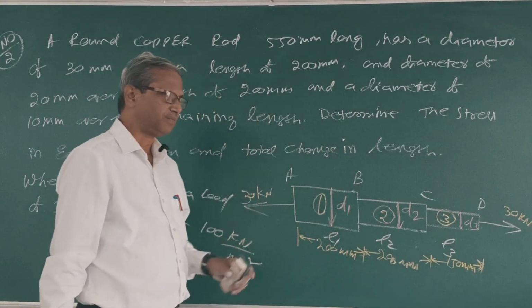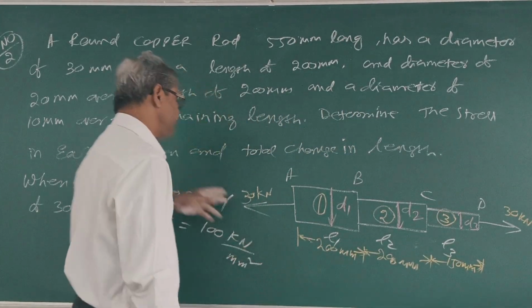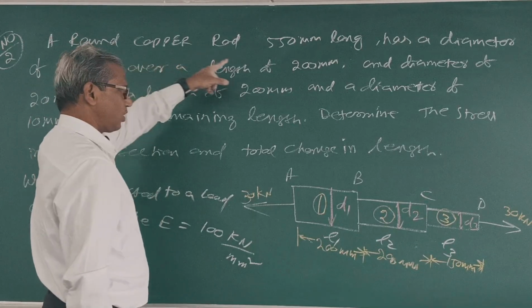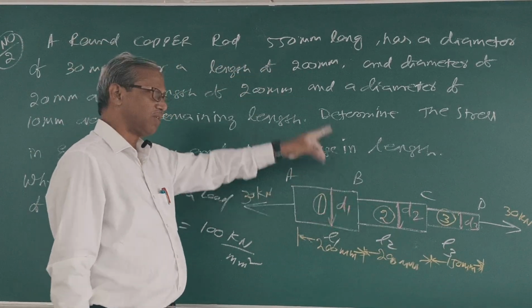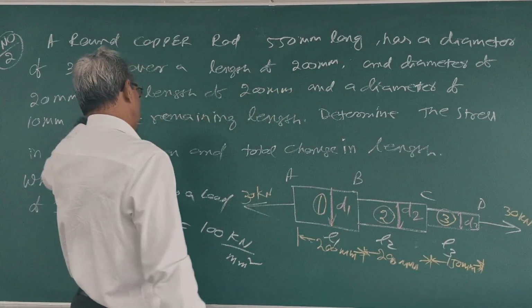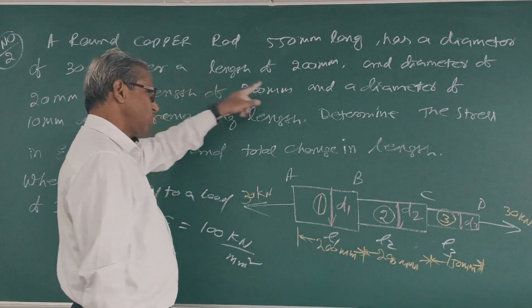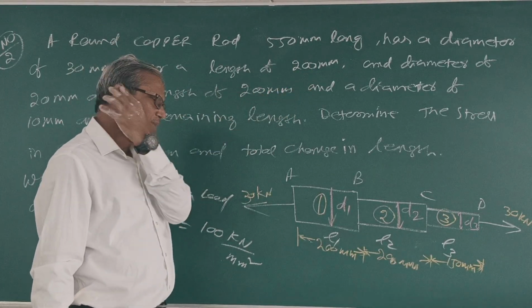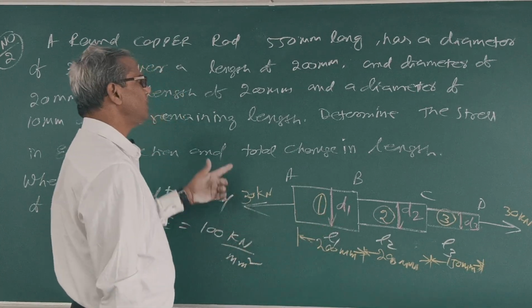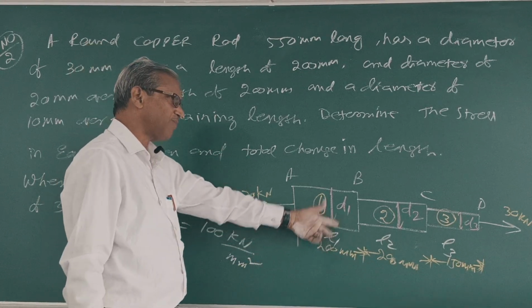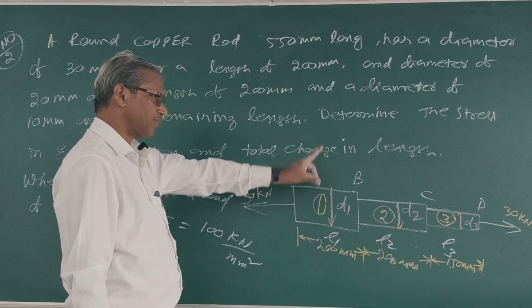D1, D2, D3. The question is: a round copper rod 550 mm long, total length 550 mm, has a diameter of 30 mm over a length of 300 mm. This is 300 mm, this is 200 mm, diameter is 30 mm.